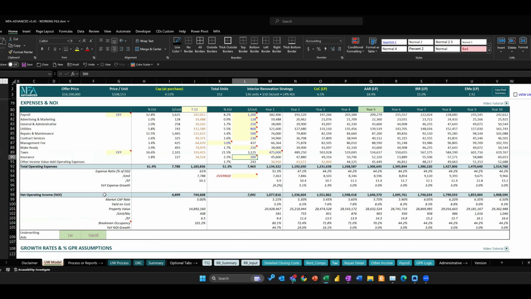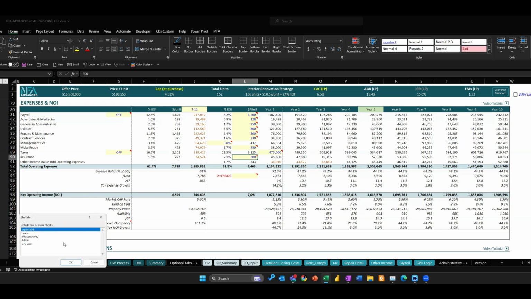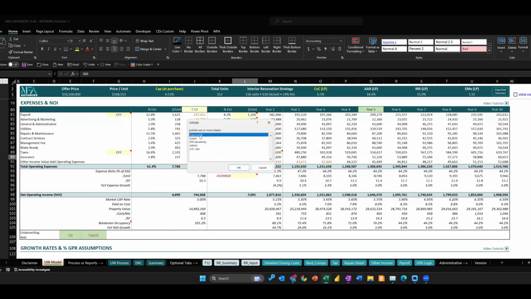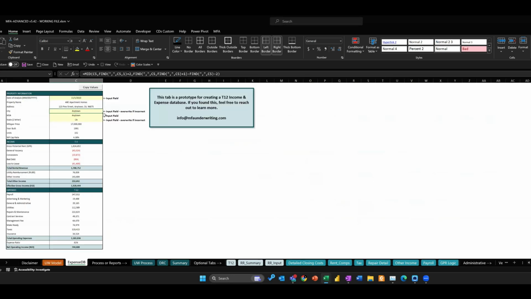So in the MFA, there's a hidden tab. It's called Expense DB. So if you just right click on any tab in the MFA, you go unhide, and you can see there's this Expense DB tab that's hidden. Just go ahead and unhide that. And what this does is it pulls all your year one or all your T12 data as it is in the underwriting model.